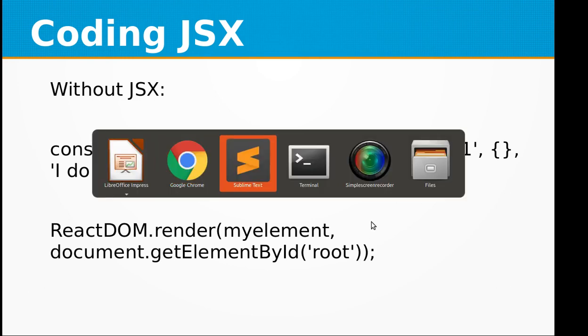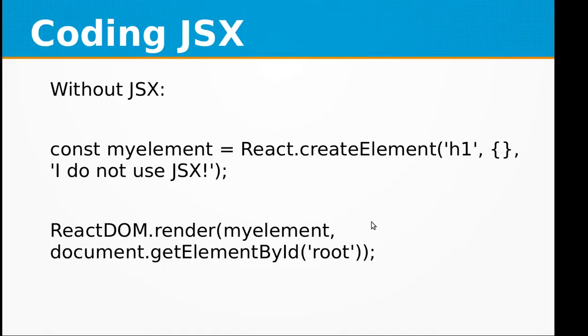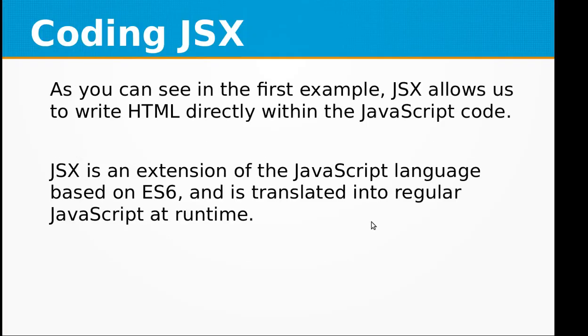So this is something that is different between these two. Coding JSX: as you can see in the first example, JSX allows us to write HTML directly within the JavaScript code. JSX is an extension of the JavaScript language based on ES6 or ECMAScript 6 and is translated into regular JavaScript at runtime.